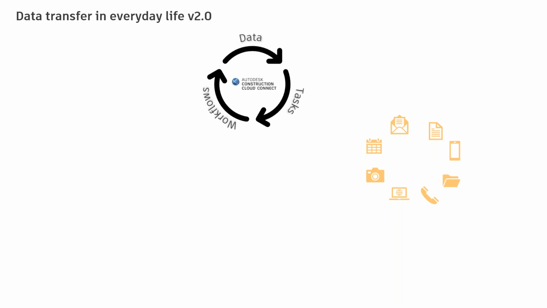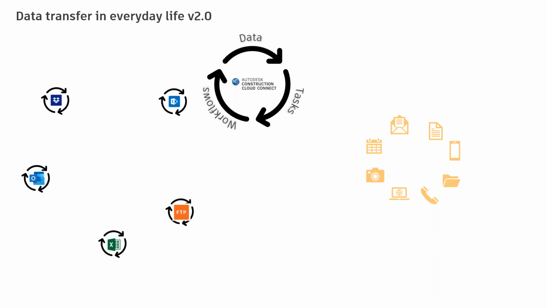But if we talk about the Construction Cloud, and more specifically Construction Cloud Connect, which I'm going to talk to you about in the next slide, you find that all this data is integrated together, having all your data, all your tasks, and all the custom workflows that you want to implement in a project. And that still integrates very many different common data platforms.